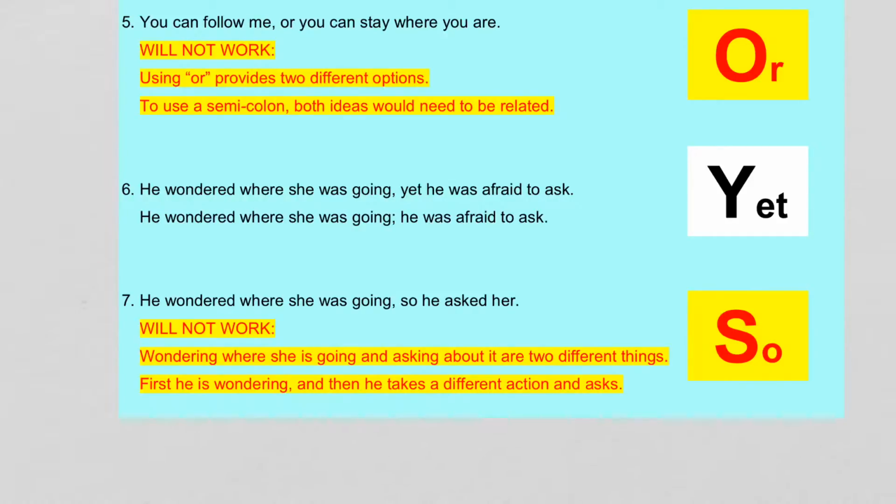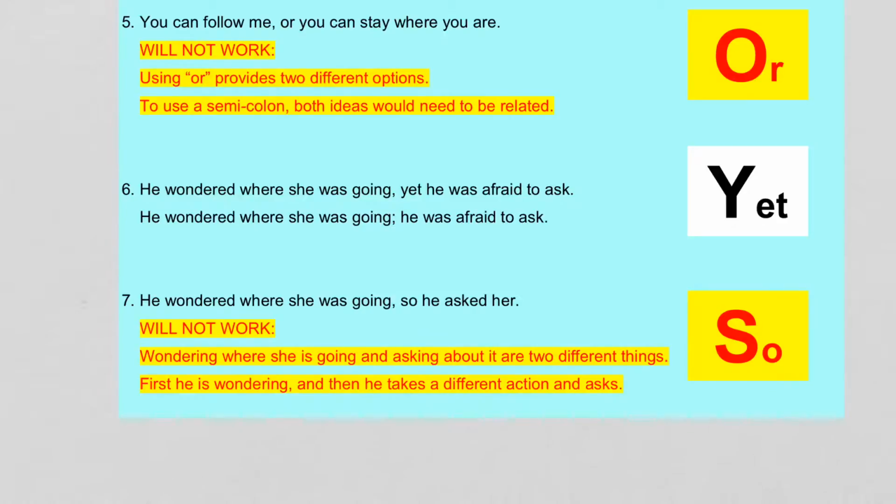It could be two actions that could happen together, but here we have two options that can't happen together.